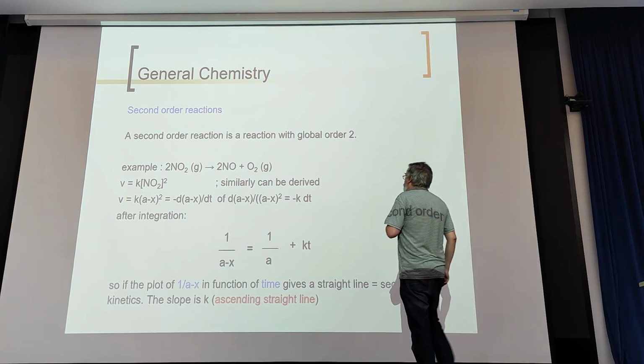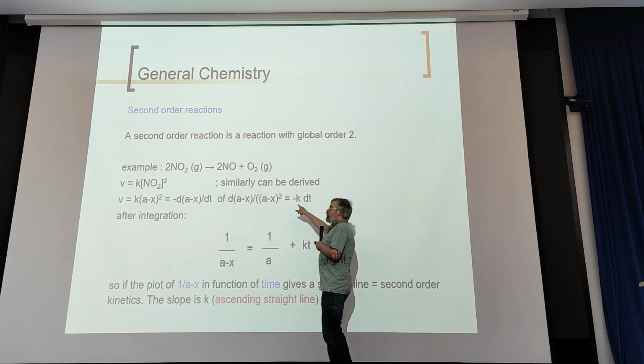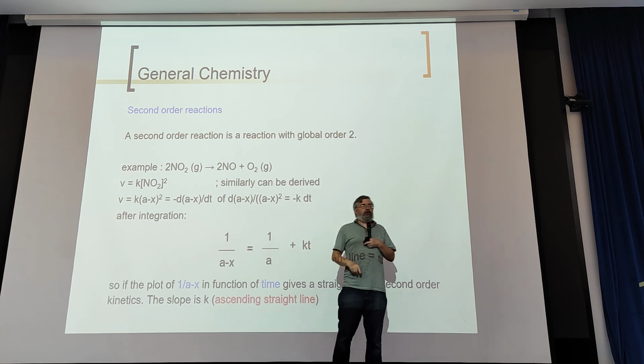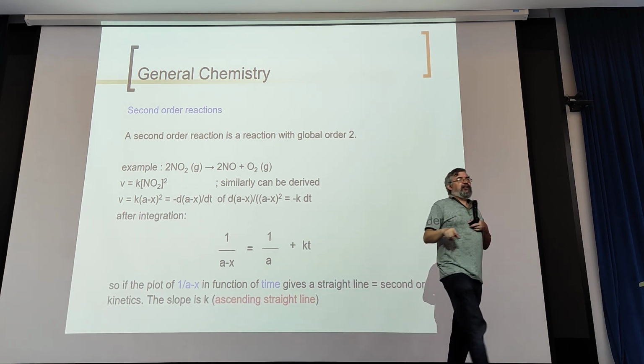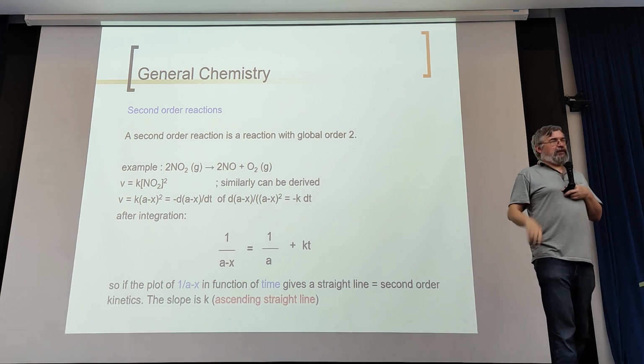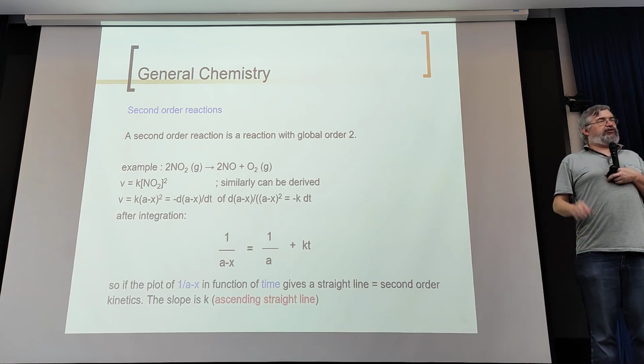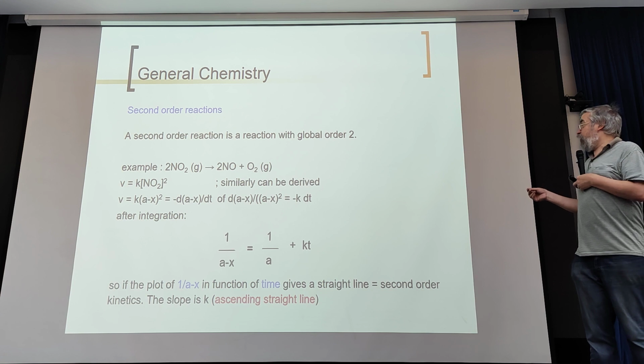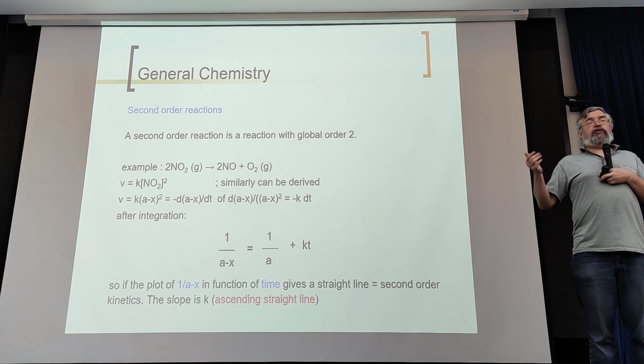As you can see also, as a consequence of the integration, the minus is dropped. So this is actually not a descending, but an ascending curve. Because plus kt is always a positive number.